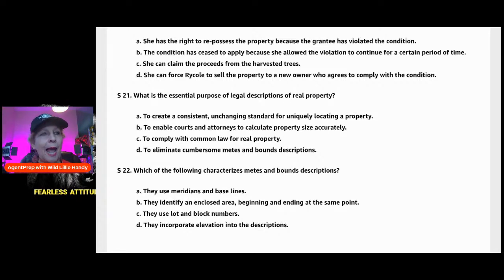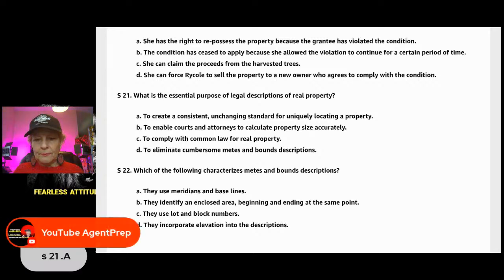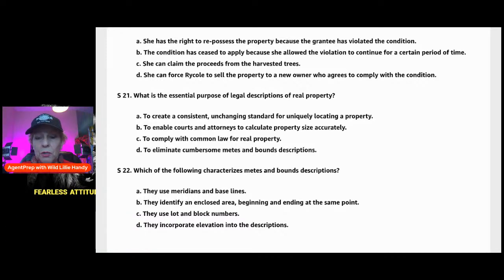Every property has a unique legal description. And you'll see it in the deed, the title search, deed of trust. You'll see it everywhere on the court records.